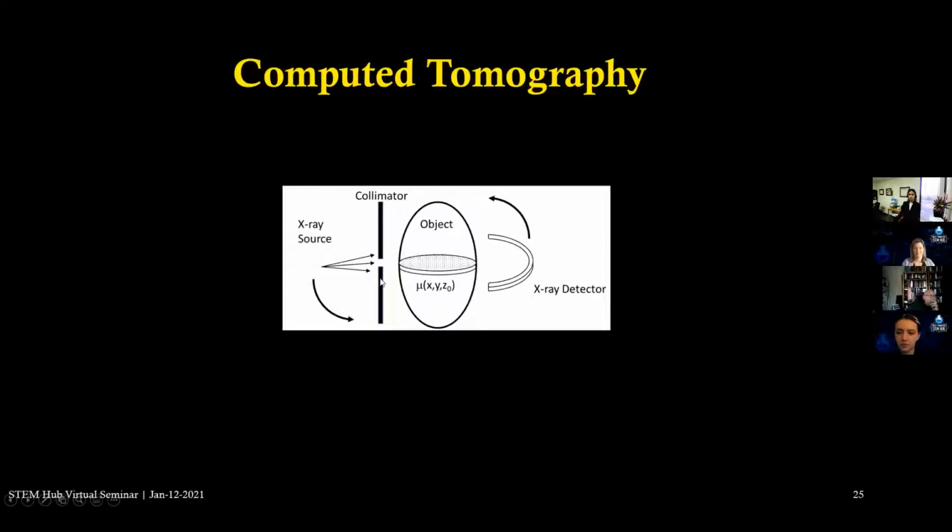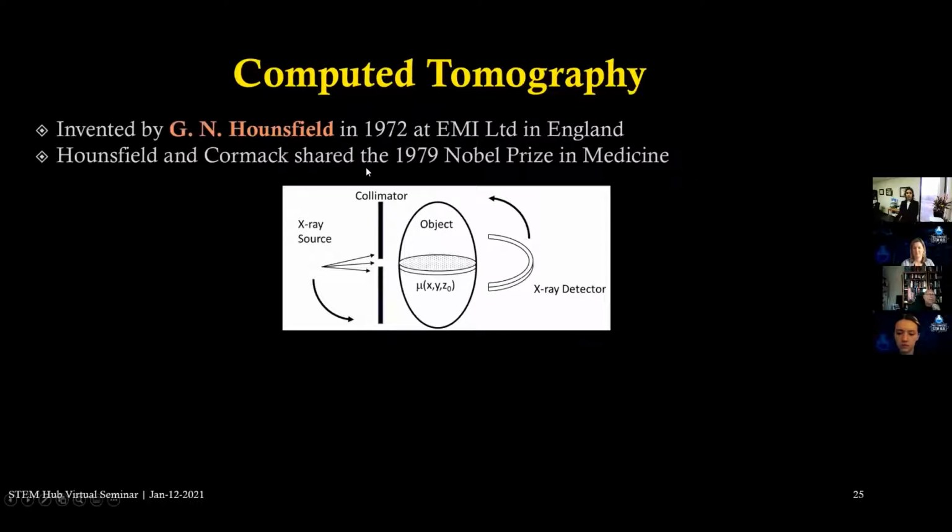You're using a thin collimator that only allows a thin beam of X-rays to pass through the slice, and the signal is detected by this X-ray detector. And this technique was invented by Hounsfield in 1972 at a company in England. And again, he received the Nobel Prize for this great invention.